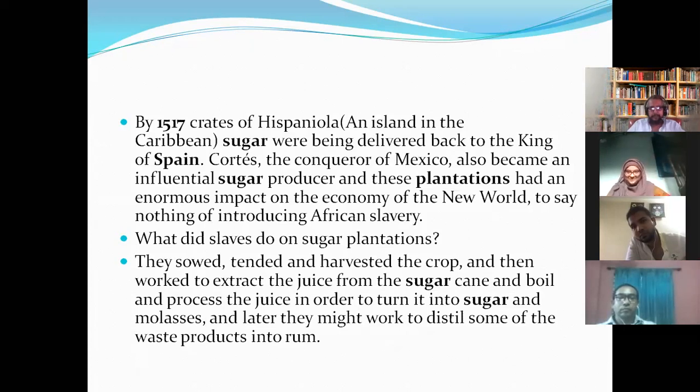So at the early stage of the 16th century, the Spanish government installed the sugar plantation project, and they became successful sugar producers. And the black servants and black slaves had been used in this project.